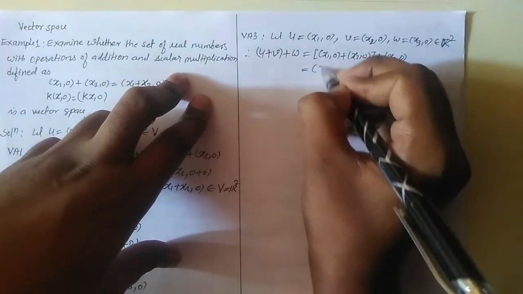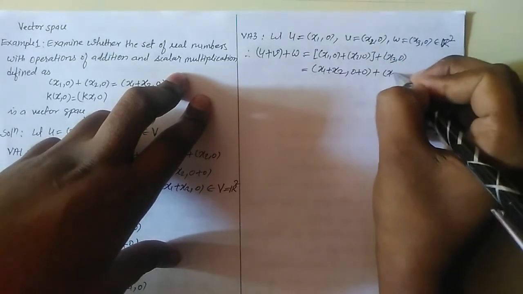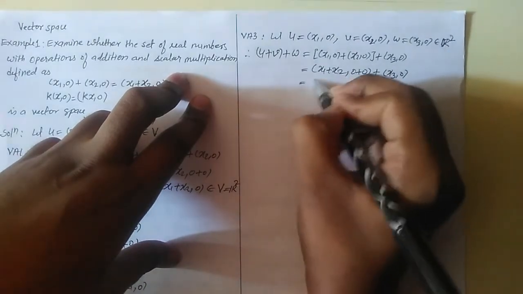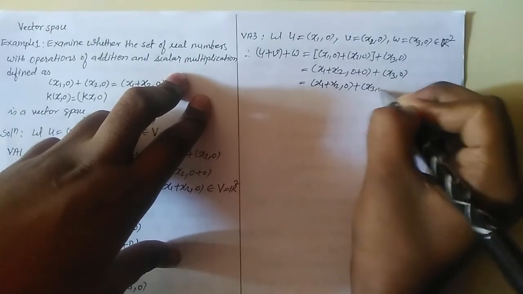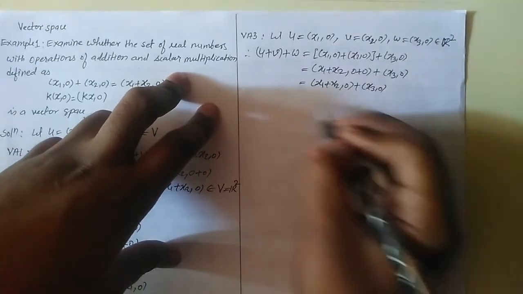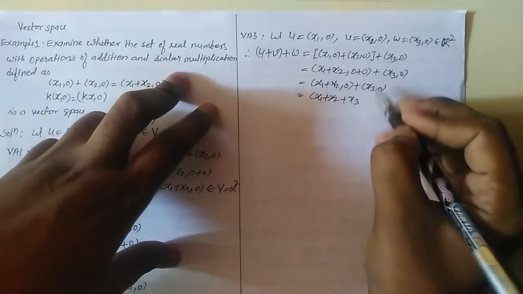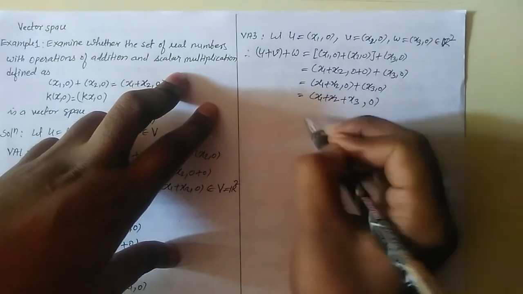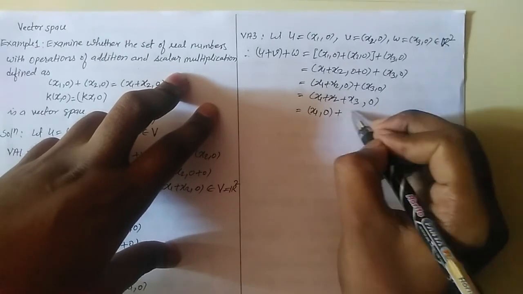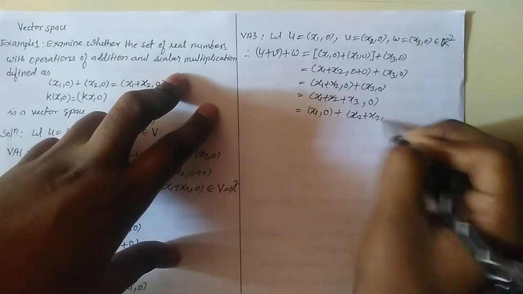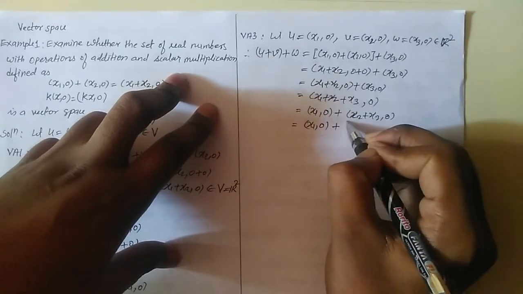This can be written as (x1, 0) + (x2 + x3, 0), which is (x1, 0) + ((x2, 0) + (x3, 0)).